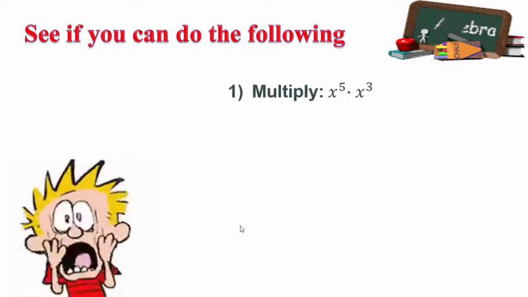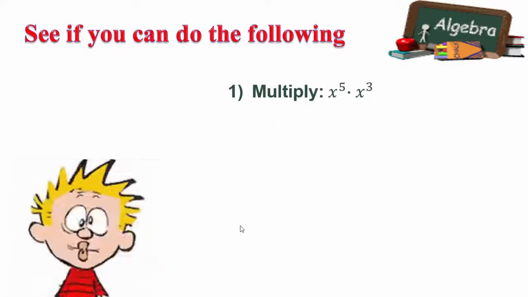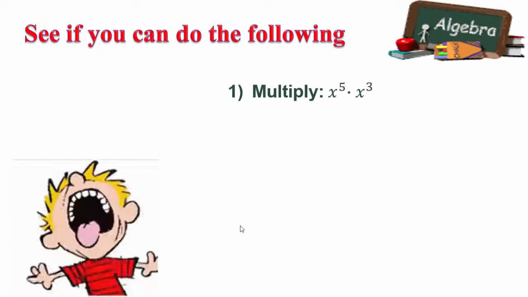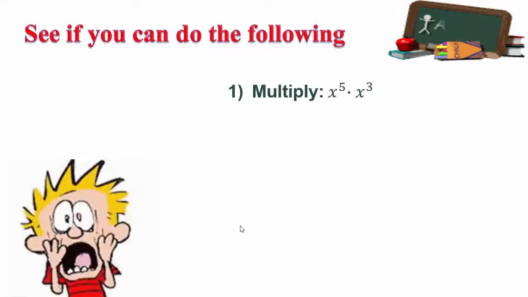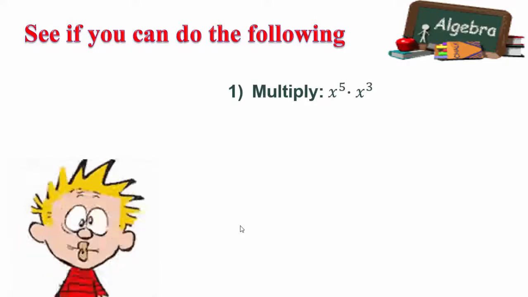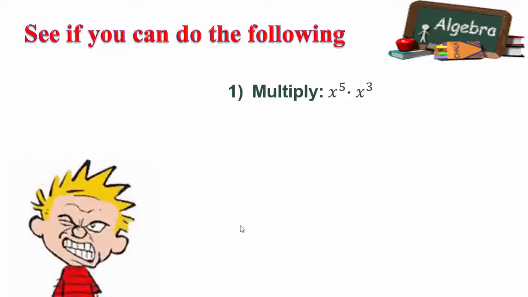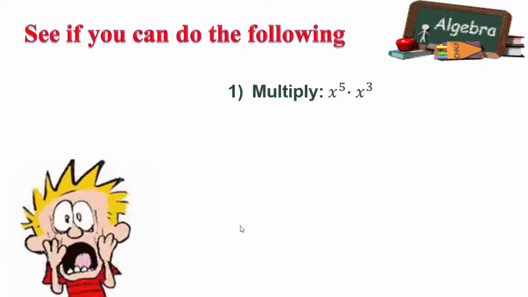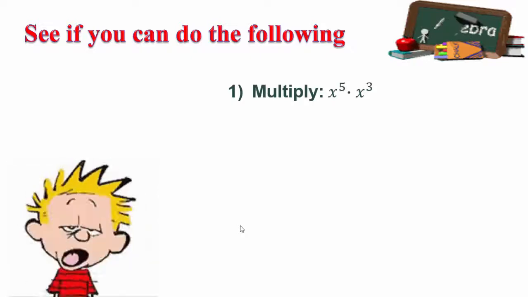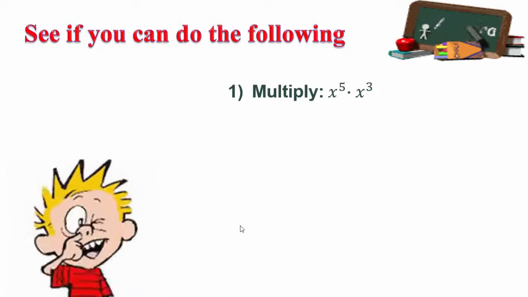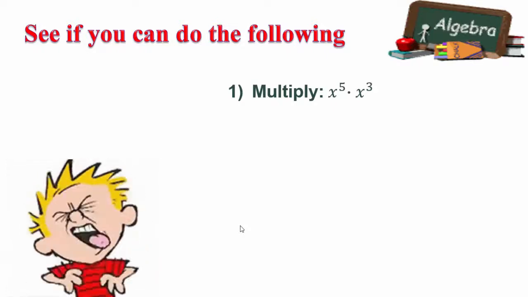So let's see if you can do the following. Why don't you take out a pencil and paper and see if you can multiply x to the fifth power times x to the third power. Now don't worry if you can't, because we will learn about this in these lessons.